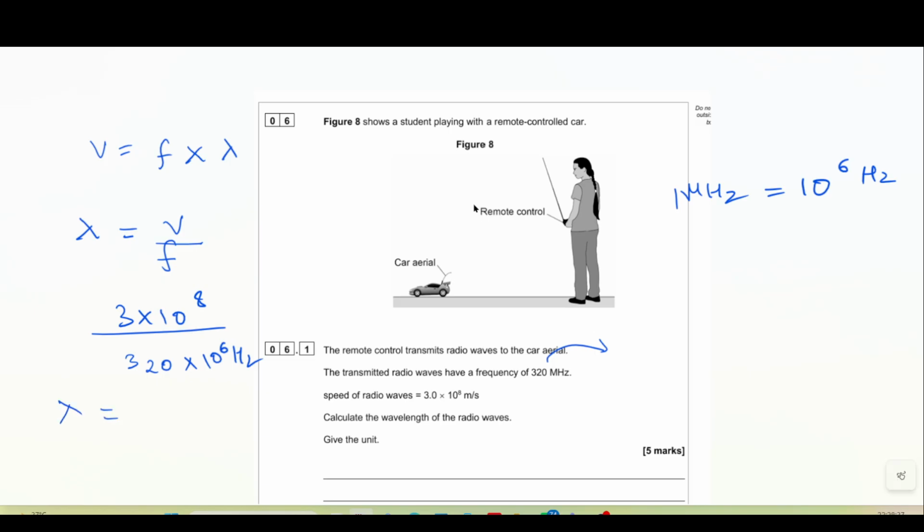So 320 times 1 million is 320 million hertz.